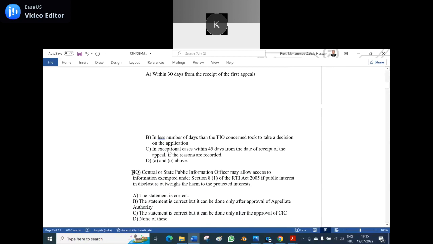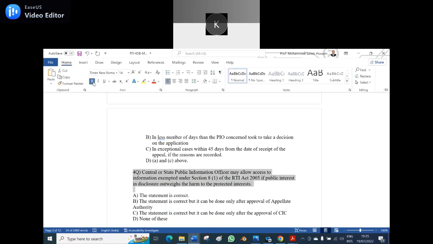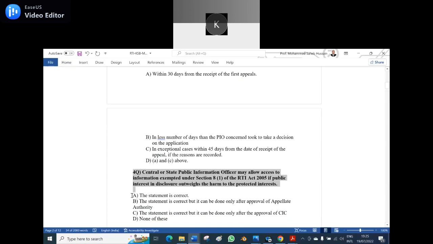Fourth question. The Central or State Public Information Officer may allow access to information exempted under Section 8(1) of the RTI Act 2005 if public interest in disclosure outweighs the harm to the protected interests. A. The statement is correct. B. The statement is correct, but it can be done only after the approval of the appellate authority. C. The statement is correct, but it can be done only after the approval of CIC.